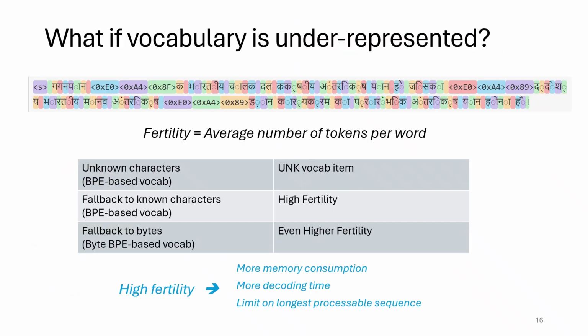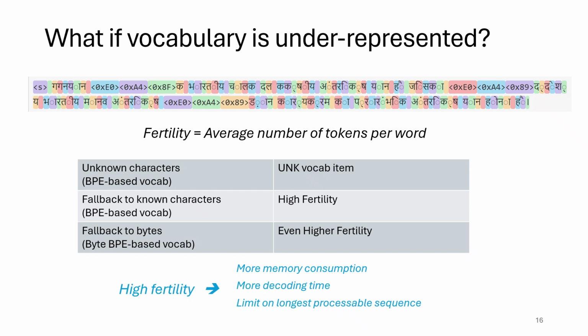Now, what happens if the characters or the words in your language are underrepresented in the vocabulary? Very aggressive tokenization will happen. You can see the same English sentence translated into Hindi, and the way the same tokenizer tokenizes it.